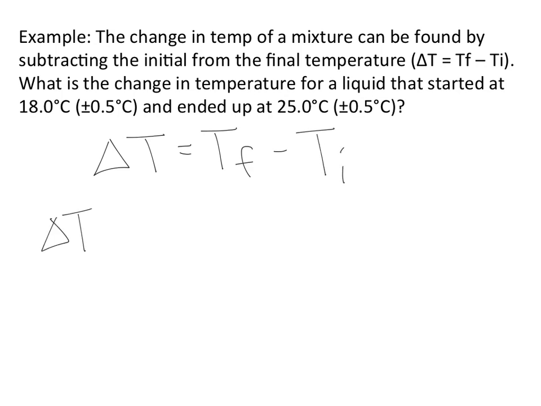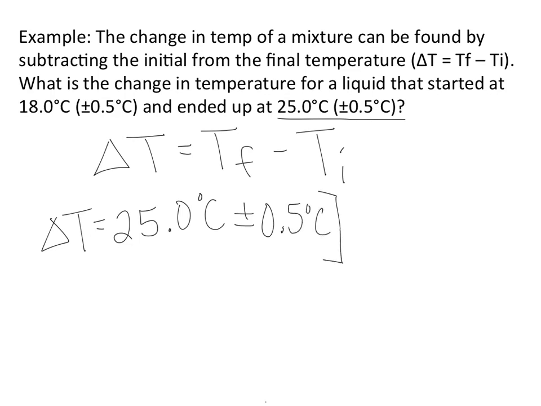Then plugging in our numbers, our final temperature was 25.0 degrees Celsius plus or minus 0.5 degrees Celsius, and I'm going to put these in brackets because these numbers are going to stay together. Minus our initial, which is 18.0 degrees Celsius plus or minus 0.5 degrees Celsius.